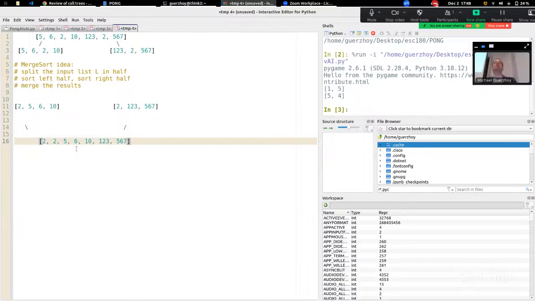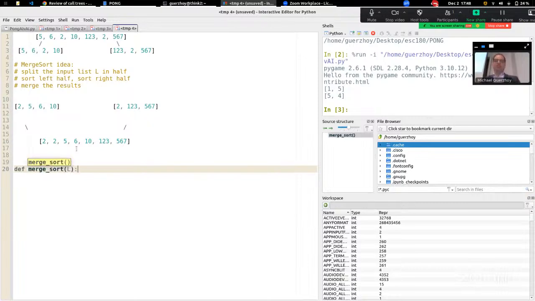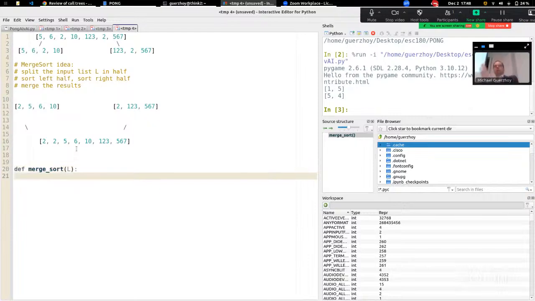Yeah. I'm about to do that. Okay. But first I'll write the code. Same as sum list, right? So sort the first half, sort the second half, merge.